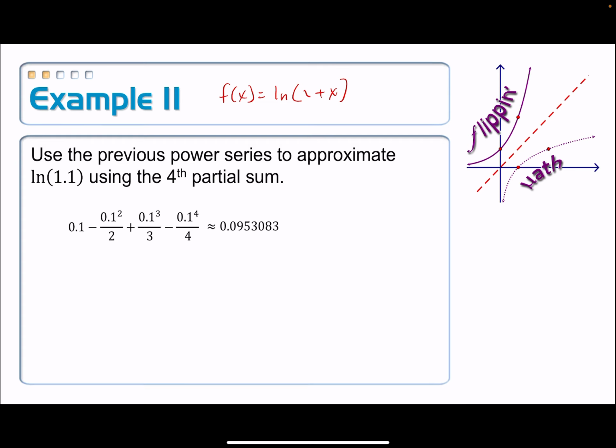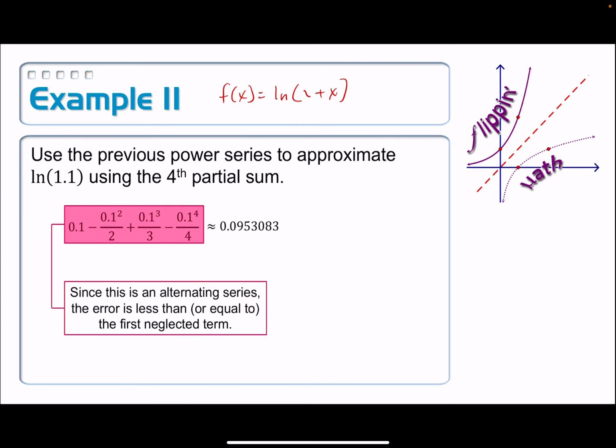All right, since this is an alternating series, we should be able to use the alternating series remainder in order to see how far off we could possibly be. The alternating series remainder, remember, is always less than or equal to the first neglected term.